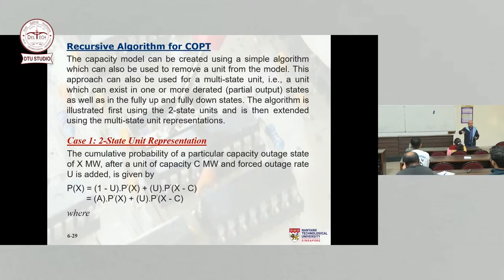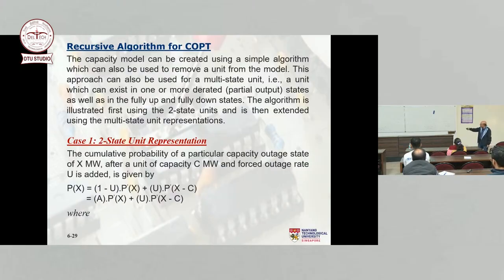You can also use this algorithm to remove a unit. You can also use this algorithm to maintain a unit. So this algorithm is very versatile. You can use it for additions, you can use it for removals and things like that. So the cumulative probability of capacity outage state of X megawatt after a unit of capacity C and forced outage rate U is added.